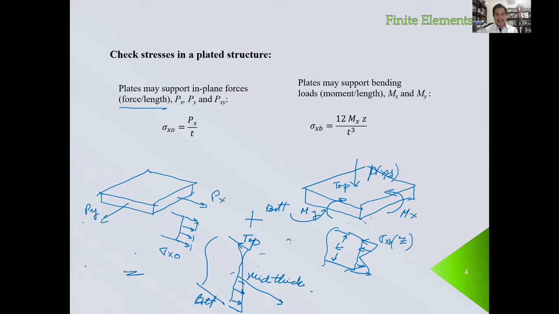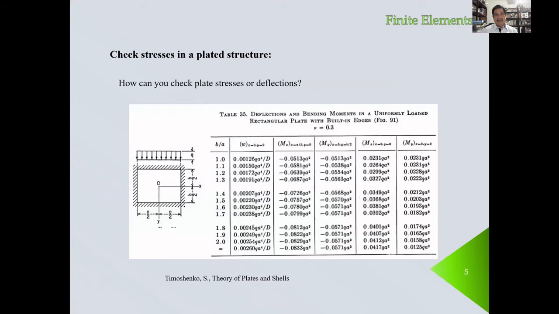Now, in this case, how can we check our results? What we can do is estimate, for example, the bending response of a plate using typical results, for example, from Timoshenko. Let's suppose that we have a structure composed by several parts.